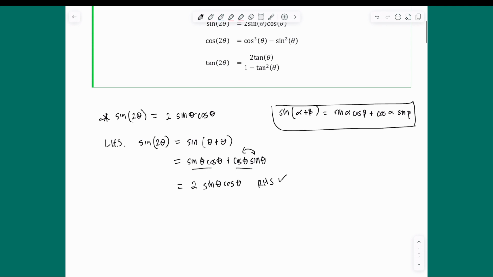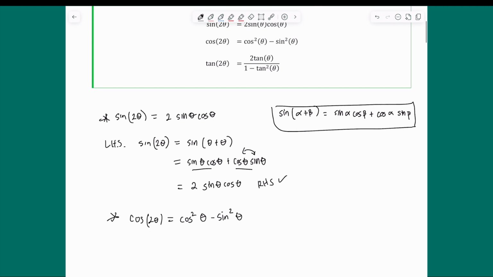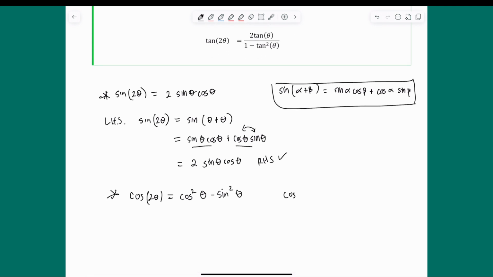Likewise, we could take the identity cosine of 2 theta equals cosine squared of theta minus sine squared of theta, and show that it's equivalent using the sum of 2 angles for cosine.